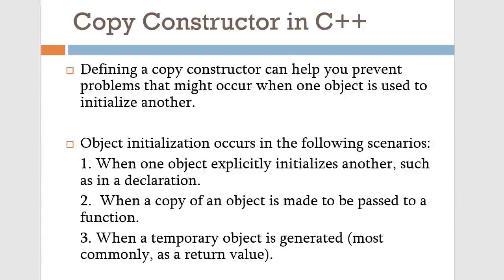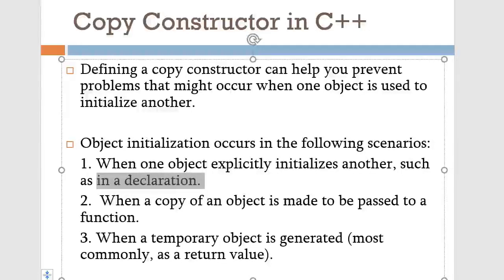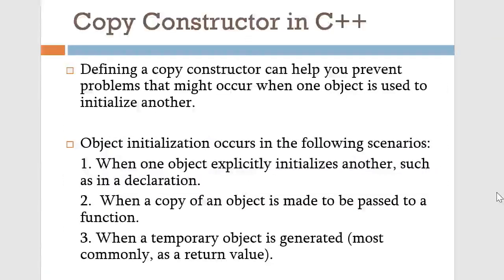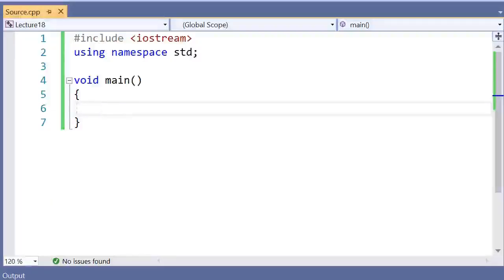The copy constructor is useful in the first scenario, that is, when one object explicitly initializes another object in a declaration. We'll talk about these important points with the help of an example. We'll create dynamic memory for an array.